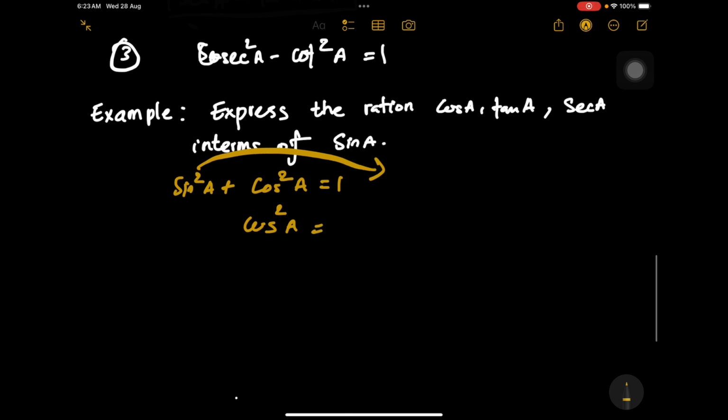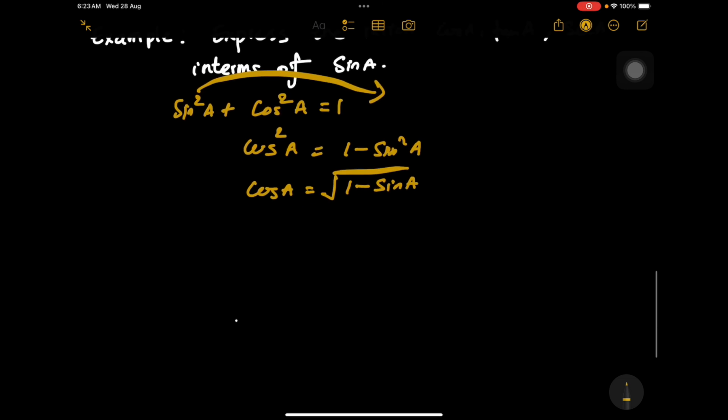So cos squared A is 1 minus sin squared A, and cos A is equal to the root of 1 minus sin squared A.